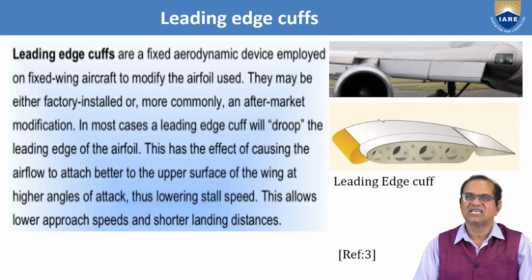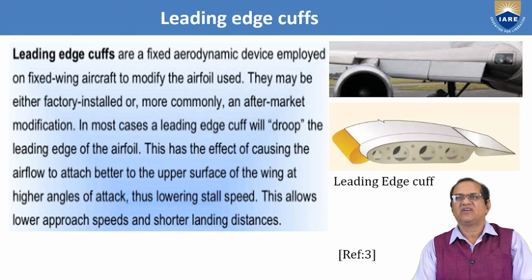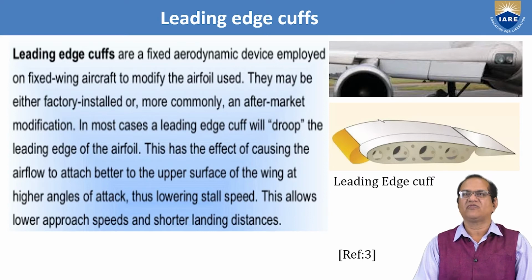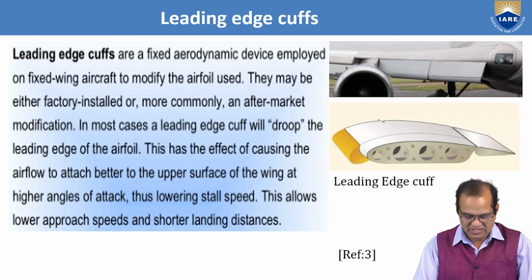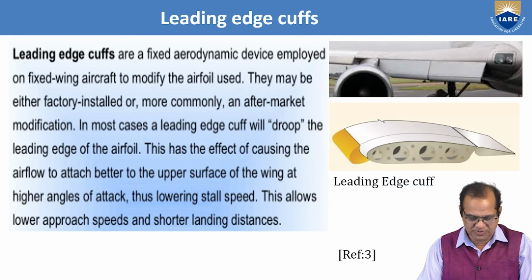In most cases, a leading edge cuff will droop the leading edge of the airfoil. This causes the airflow to attach better to the upper surface of the wing at a higher angle of attack, thus lowering stall speed. This allows lower approach speed and shorter landing distances.